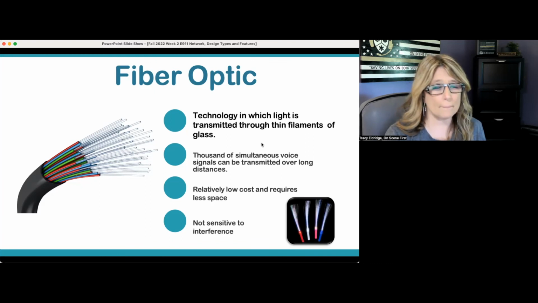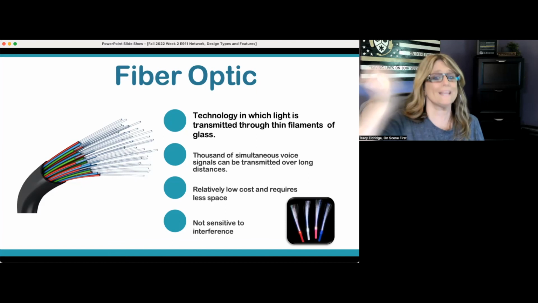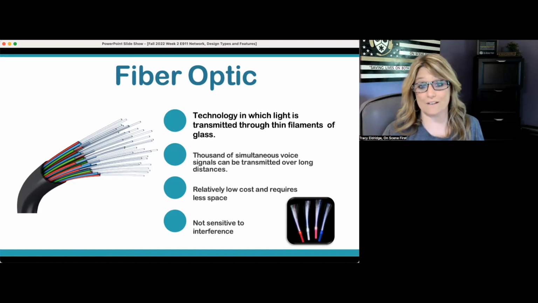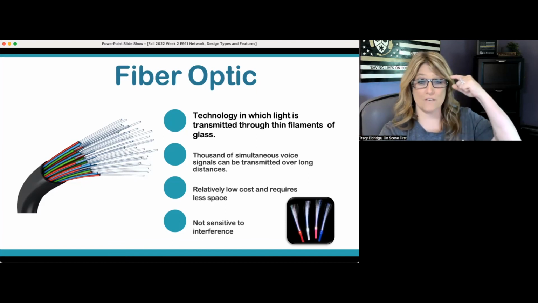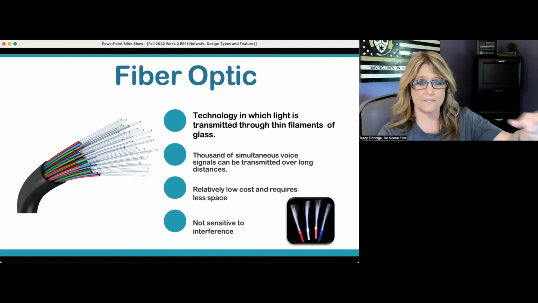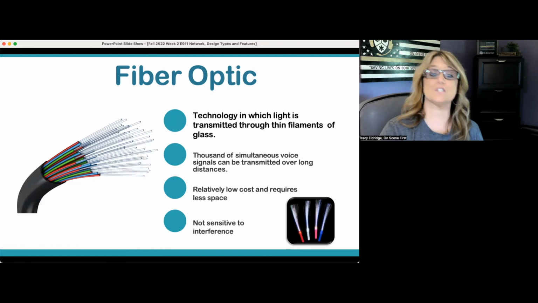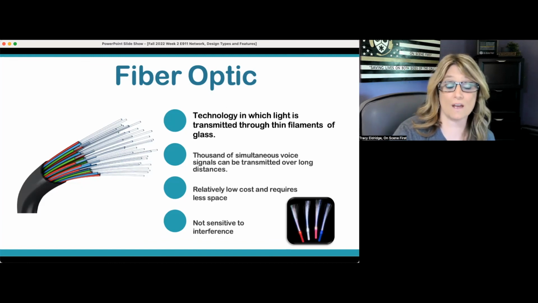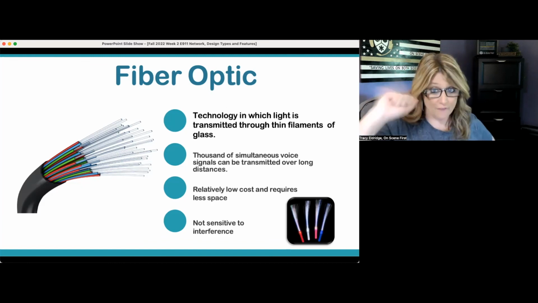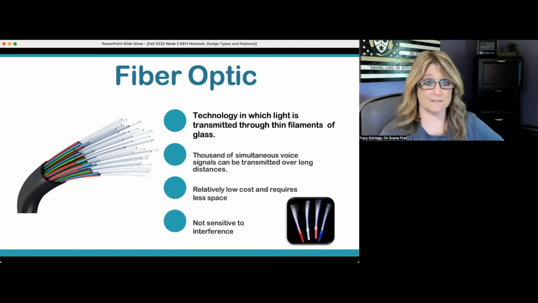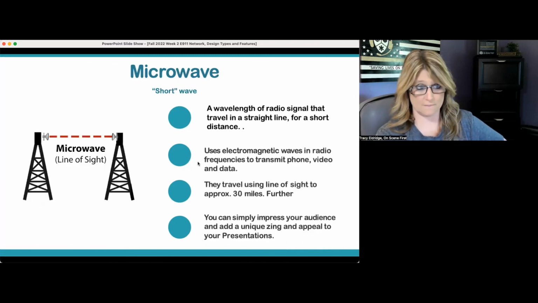If you want to remember that, just picture a 5-year-old with one of those little light things in their hand, shaking it, and it still works. So if you need to remember fiber optic, and a question asks which one of these is not sensitive to interference, remember the 5-year-old shaking the toy at the circus.